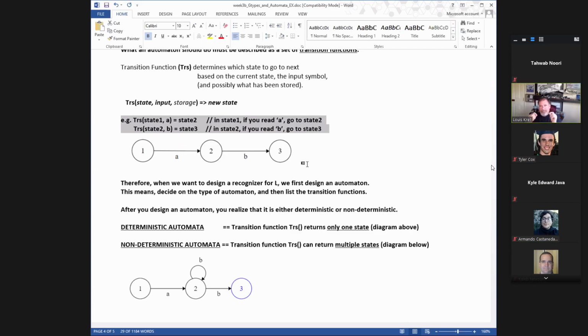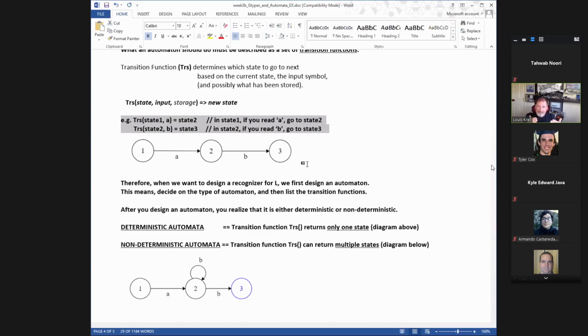So you could have one instance of this, which we see, the one instance of the B of 2 going to multiple states on a B, or you might have thousands of different ways to get to different states with different characters. But the moment you have a situation like this where there's one way to go to multiple places on a single character, which we see already from state 2 on the B, that makes this automaton a non-deterministic automaton.